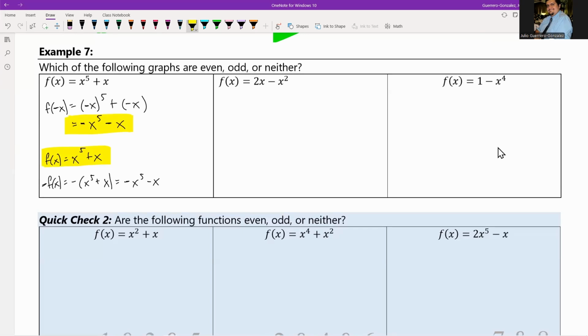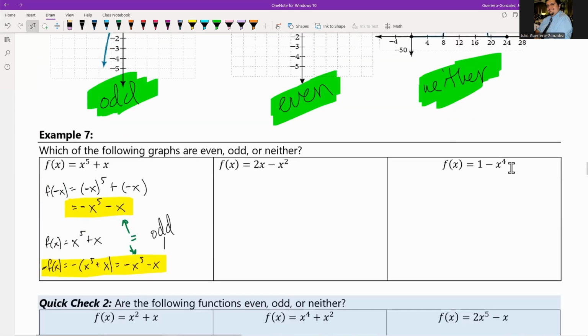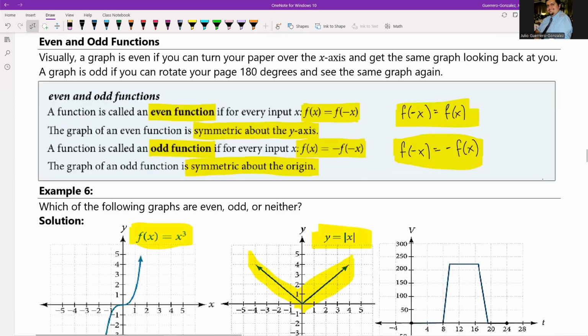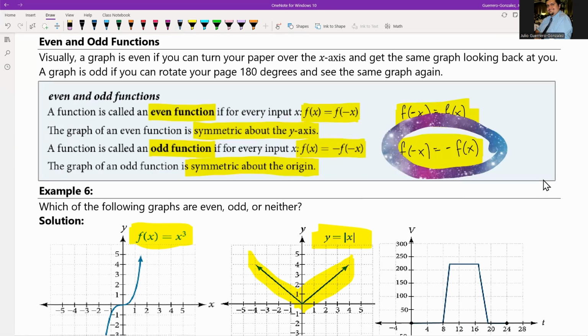But you guys do see that it is equal to the negative f of x, right? Since this and this are equal, we get to say that this is odd. That was the definition, let me scroll back up. That was this definition right here, the odd: that f of negative x is equal to the negative of f of x. Got it?